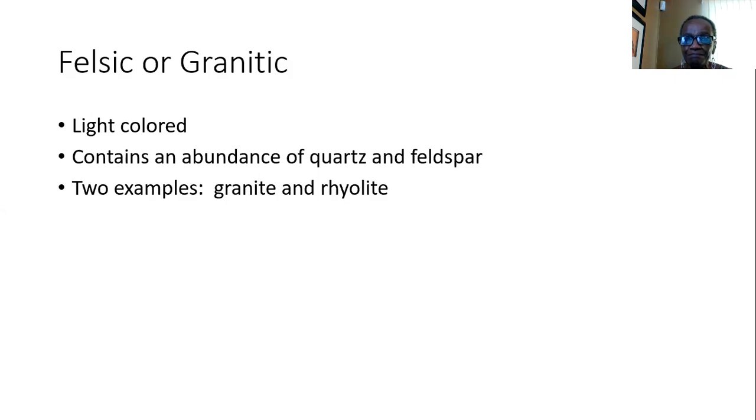And since the most abundant felsic igneous rock is granite, sometimes that group is also referred to as granitic. Well, what are some characteristics of this group? They're light in color. That's because they have an abundance of quartz and feldspar. 2 examples of rocks are granite and rhyolite.